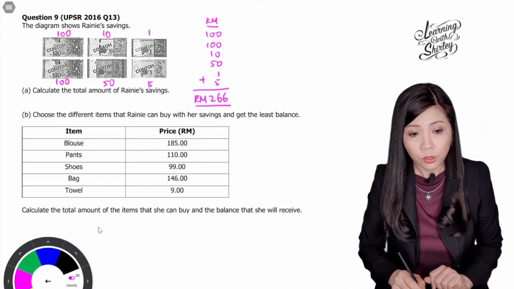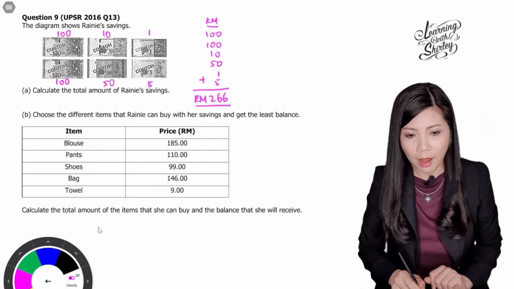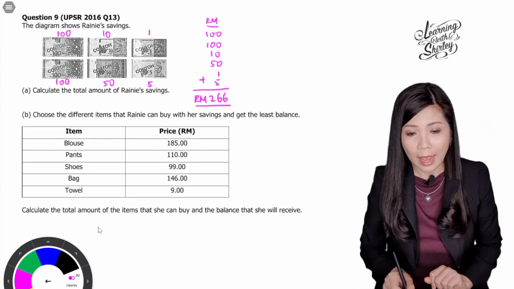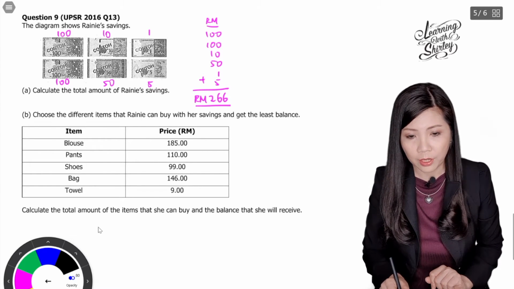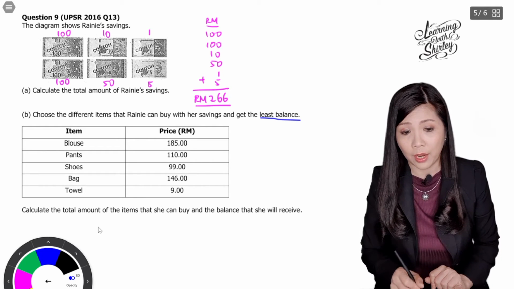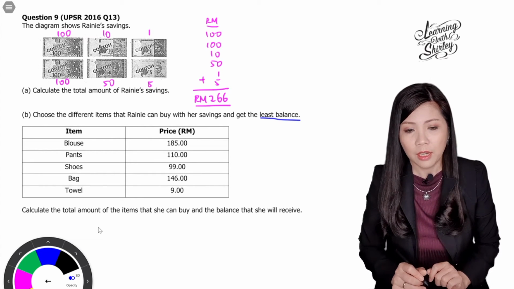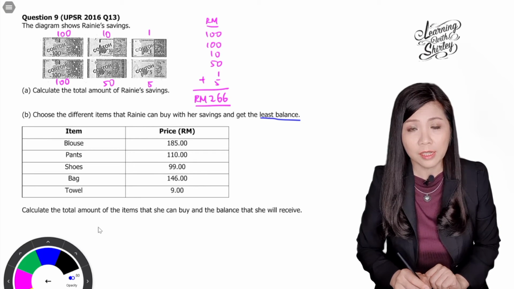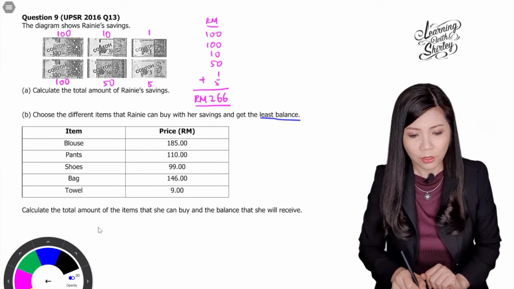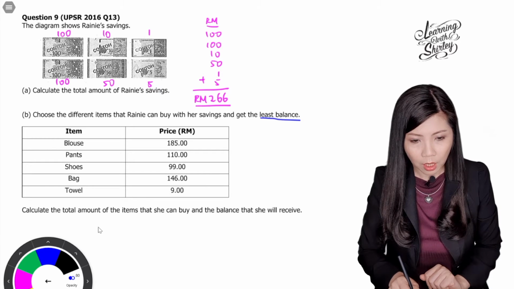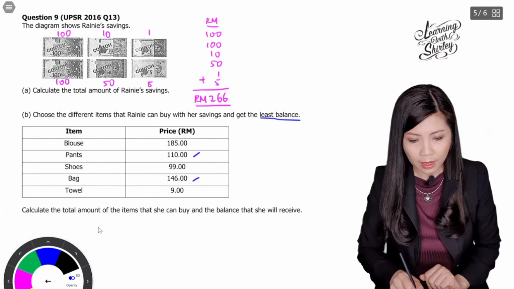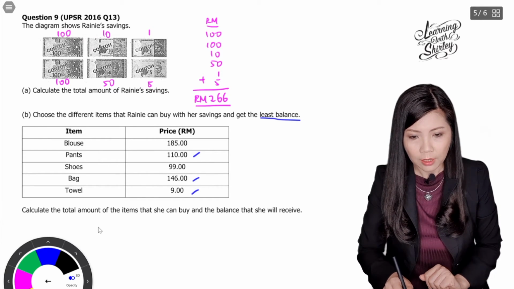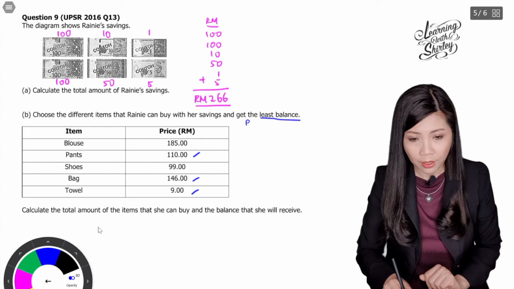Then for B, choose the different items that Rainey can buy with her savings and get the least balance. The keyword here is the least balance, which means that we're going to find the combination of the items which is the closest to 266 to get the least balance. So I'm going to choose 1 pair of pants, a bag and a towel. I'm going to add the 3 items together.